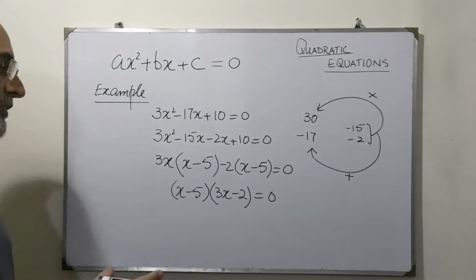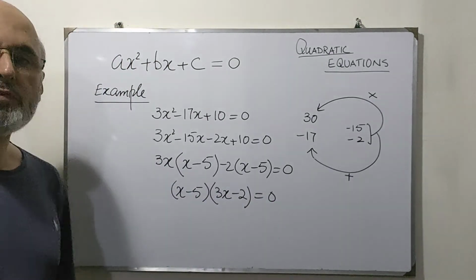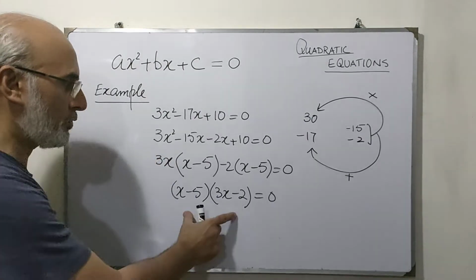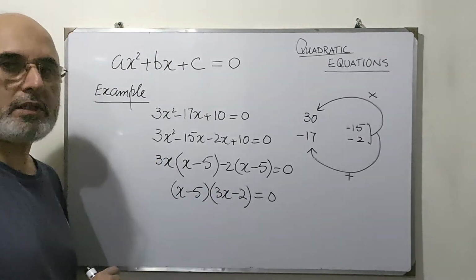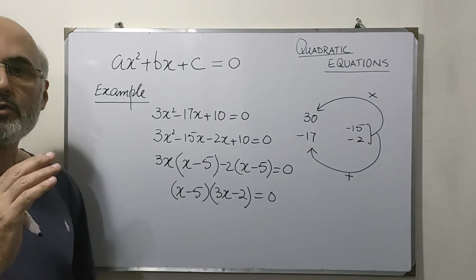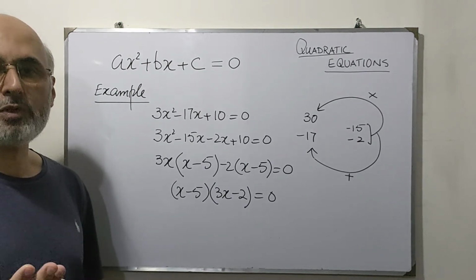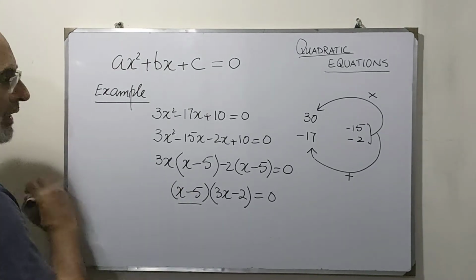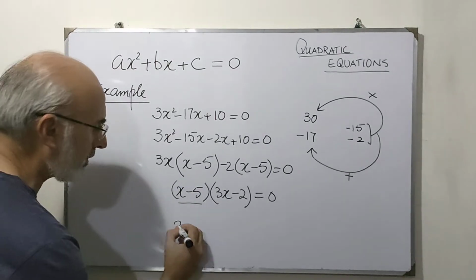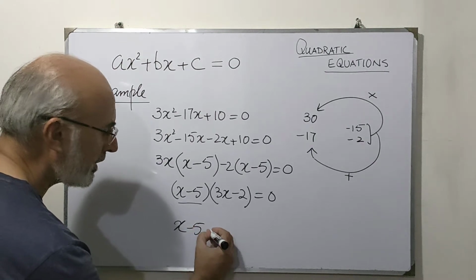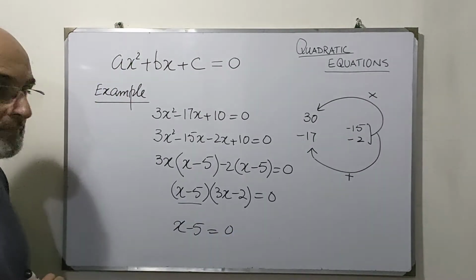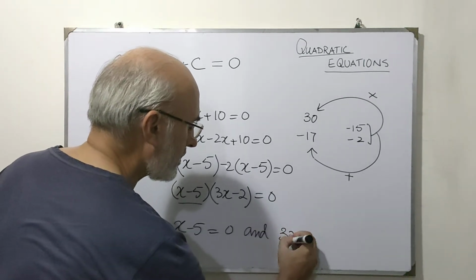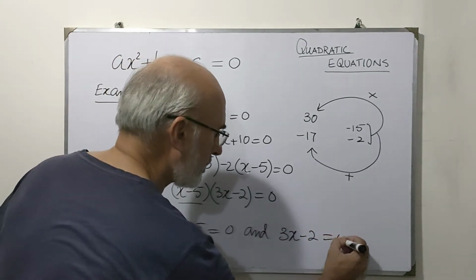So you see, these are the factors which we used to have in the previous chapters. So we have these 2 factors now, but we have this equality also. So with this equality, what's going to happen? This is going to be x minus 5 equals 0 and 3x minus 2 equals 0.